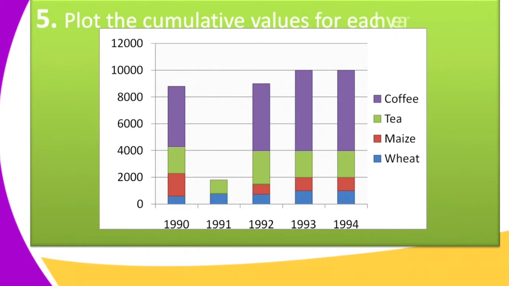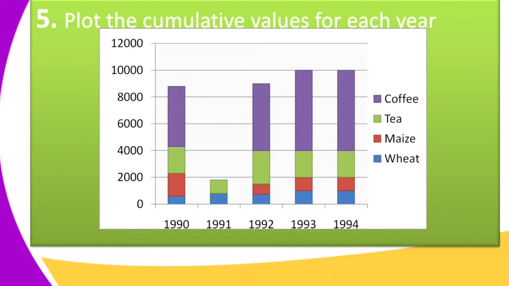Then we have our diagram here. This is what I calculated and found that it has worked for us. Plotting the cumulative value for each year, in 1990 we have the blue color, and it is wheat. The blue color represents wheat in all the years, 1990, 1991, 1992, 1993, 1994.